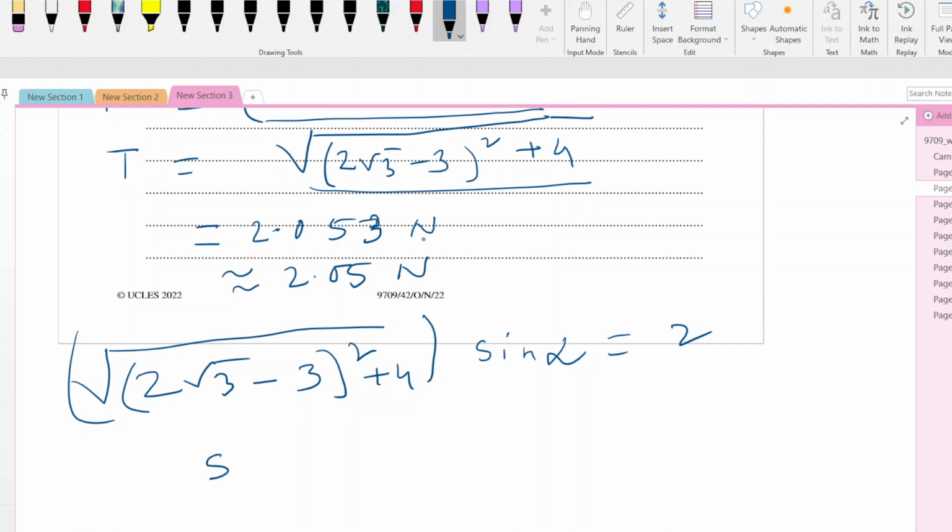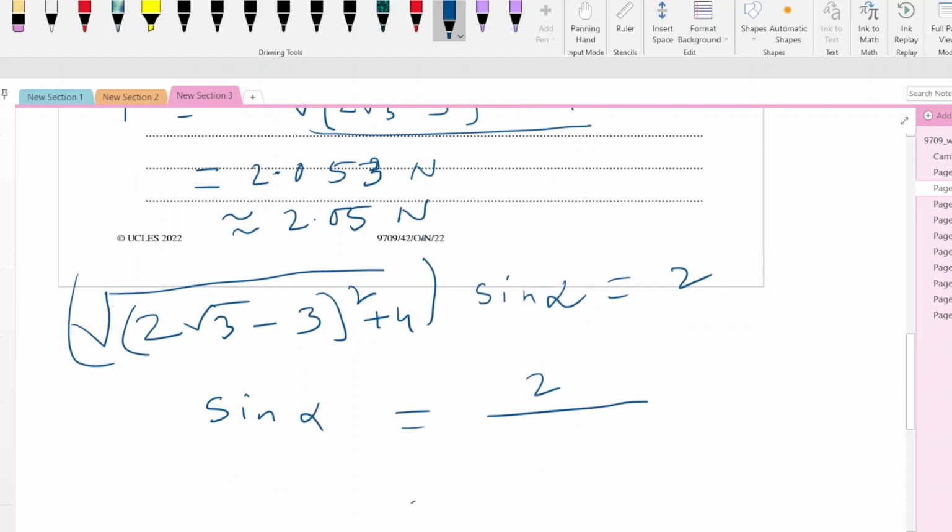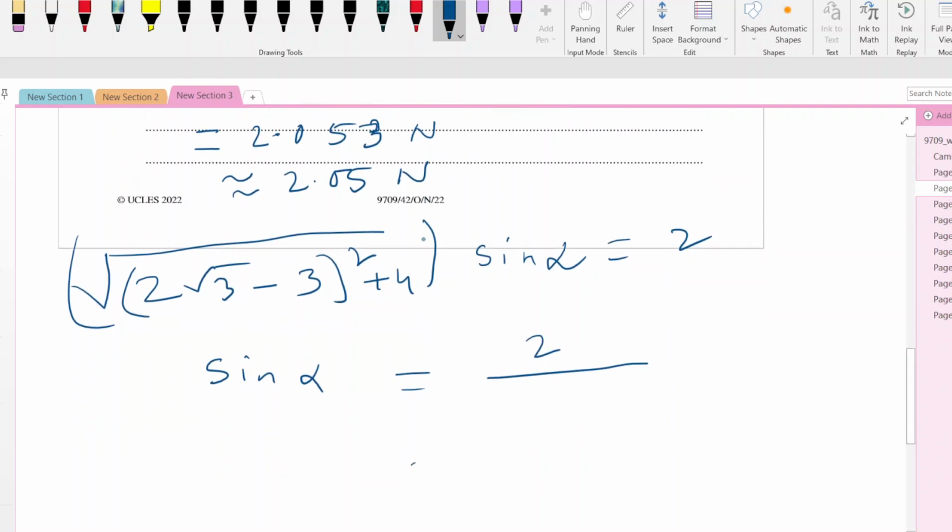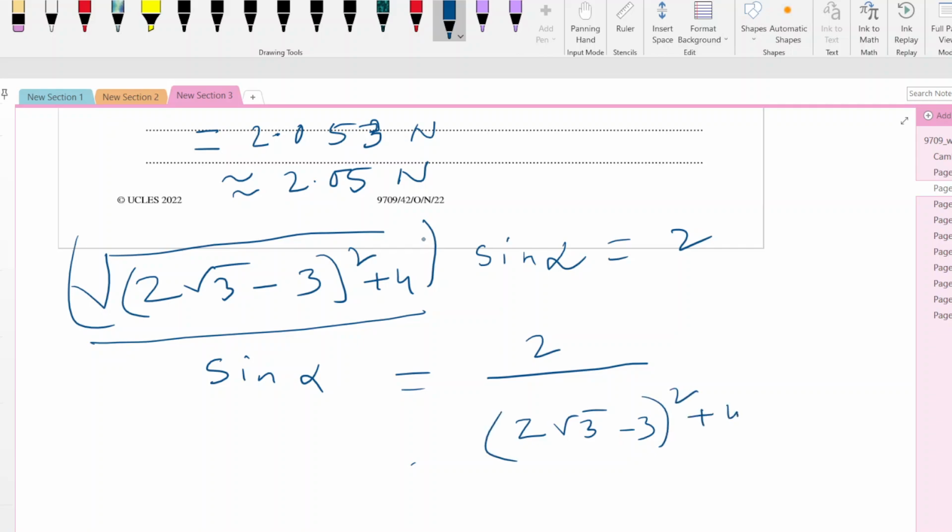Now sin alpha equals 2 divided by the square root of (2 root 3 minus 3) whole squared plus 4.